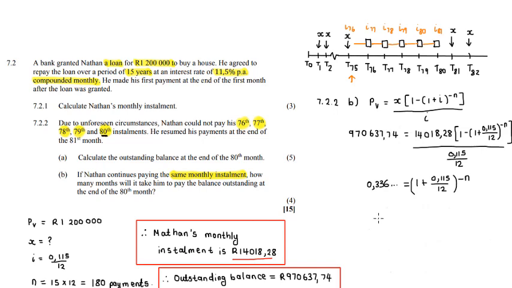From there, therefore -n, I'm going to use the method of changing into log form. So we're going to get that -n is equal to, let's grab the calculator again.